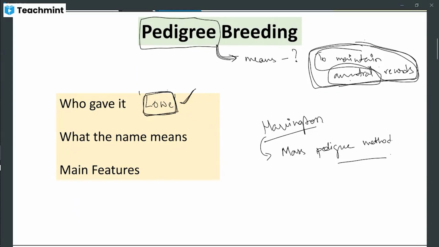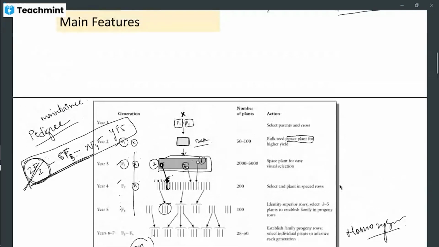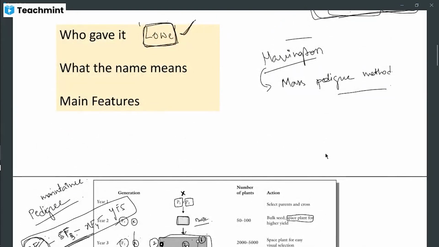Whenever the conditions or the environment are favorable, you can select the plant, which is your artificial selection. But if the conditions are not favorable, you can harvest the seeds from all these plants, bulk them, and then forward them. This method is known as the mass pedigree method, which was given by a scientist named Harrington.